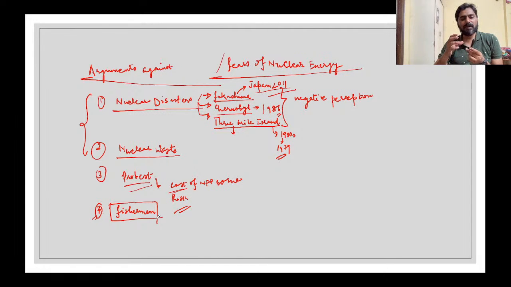So the nuclear power plant takes cold water but releases hot water into the sea, and that is a cause of concern, because releasing hot water destroys the ecosystem of the sea, and the fishermen tend to lose their fish. These colonies of fish get damaged or destroyed, or they shift to other places. So fishermen are opposed to nuclear power plants. Yes, the thermal pollution that they are producing is a cause of concern.